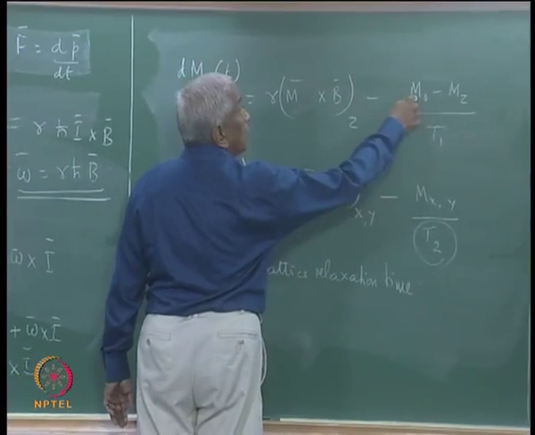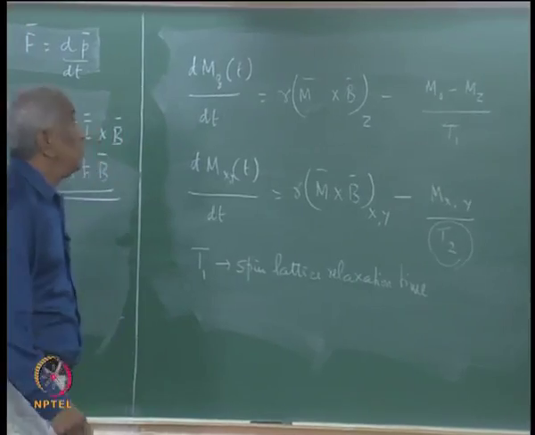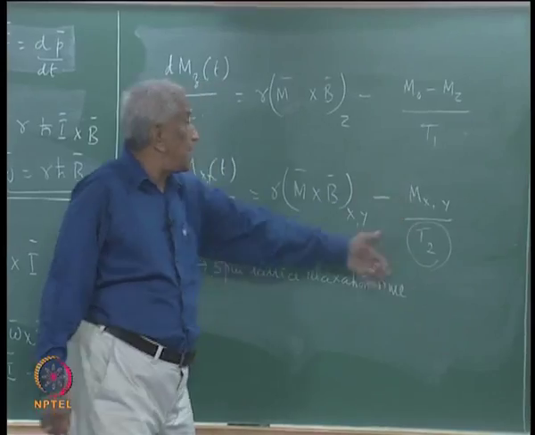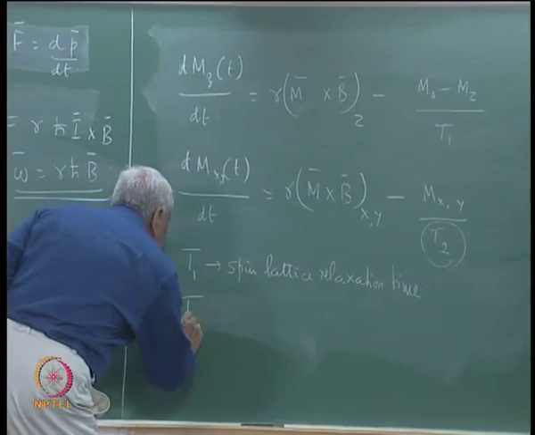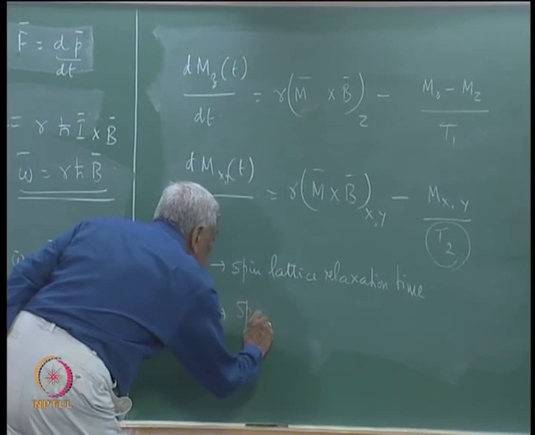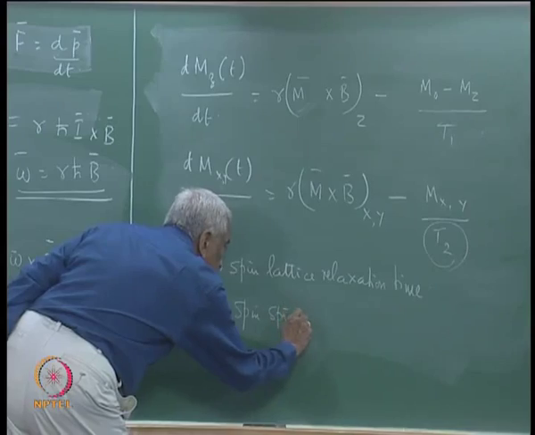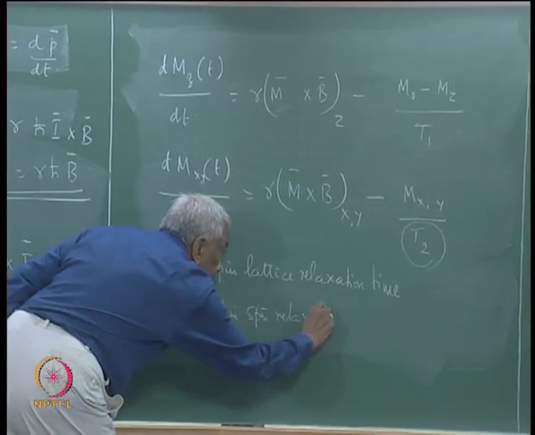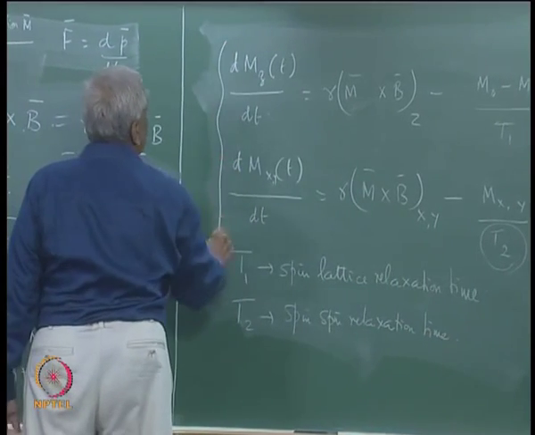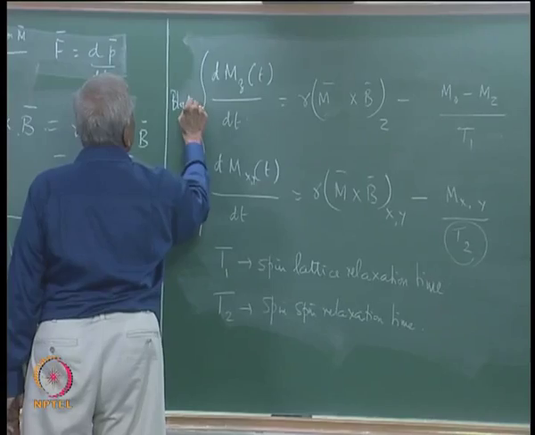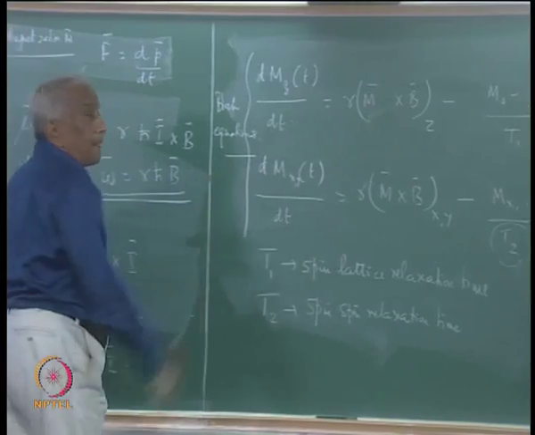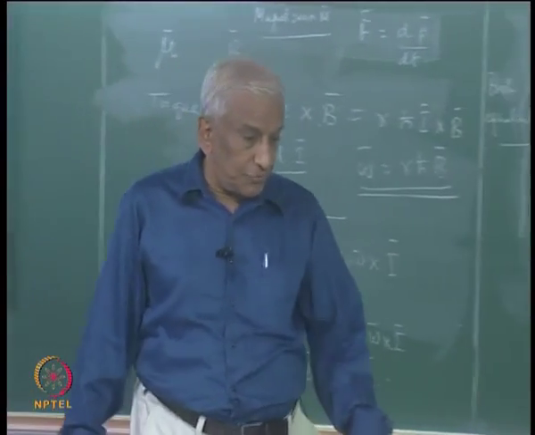The steady state equilibrium magnetization is established in a time of the order of the spin lattice relaxation time, while the transverse magnetization decays at a rate which is governed by the energy exchange among the spins. So, it is called the spin-spin relaxation. In this form, these equations are known as the Bloch equations, which describe the resonance process.